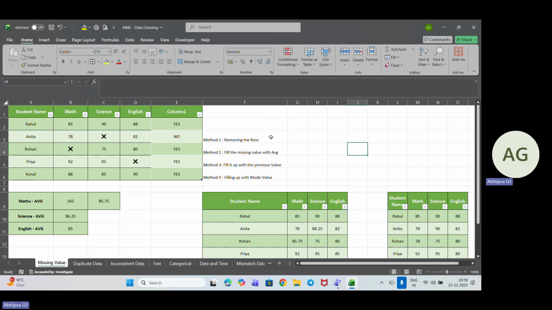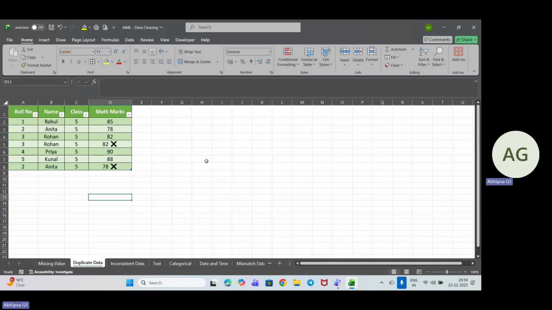Now coming down, we have duplicate values, duplicate data. So we have a data set like this. Here you can see the data like Rohan 582 and Anita 578. This is the duplicate one. Basically, we have kept the cross to make you understand this is the duplicate. So what is duplicate data?